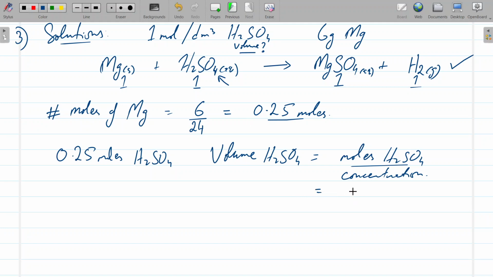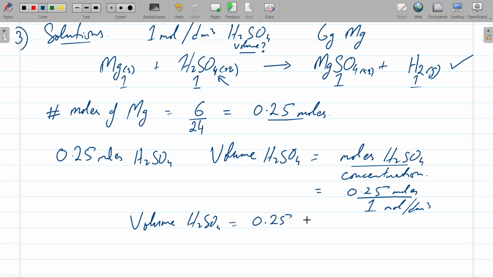And so that gives us 0.25 moles over 1 mole per decimeter cube. And that gives you volume of sulfuric acid as 0.25 decimeter cube, right?